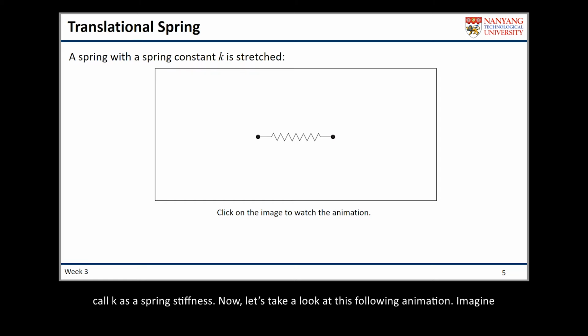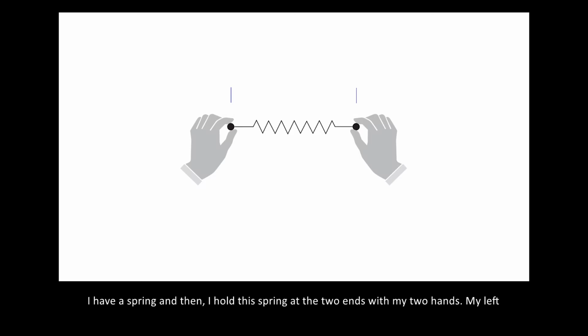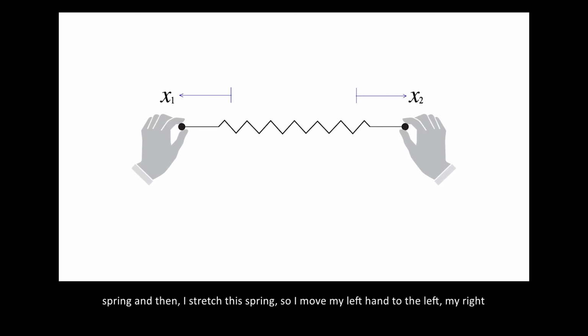Now let's take a look at the following animation. Imagine I have a spring, and I hold this spring at the two ends with my two hands. My left hand is holding the left end of the spring, my right hand is holding the right end of the spring, and then I stretch this spring. I move my left hand to the left, my right hand to the right.